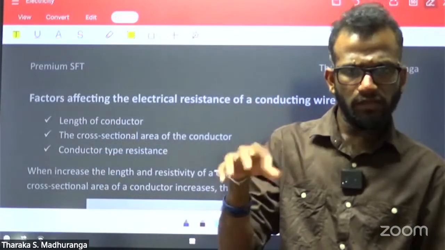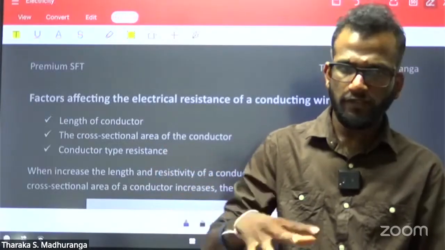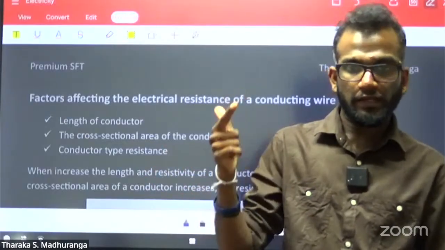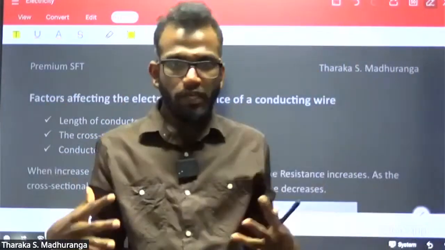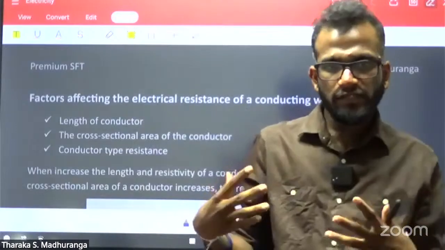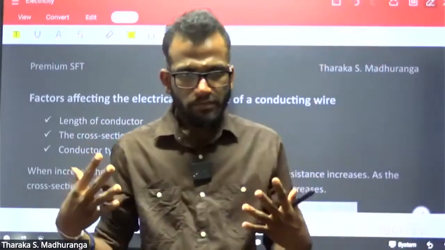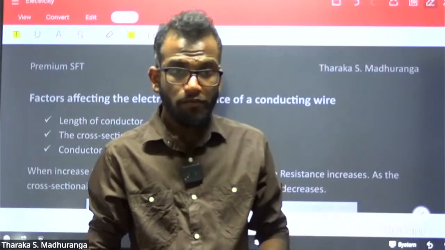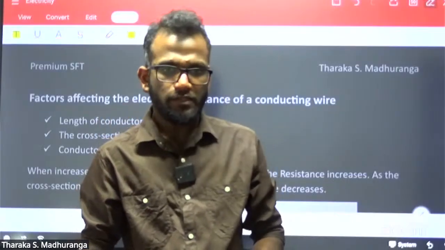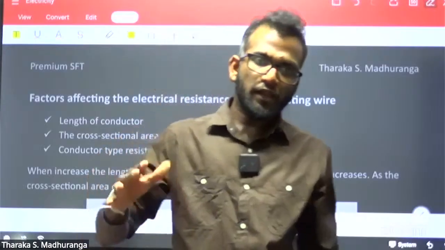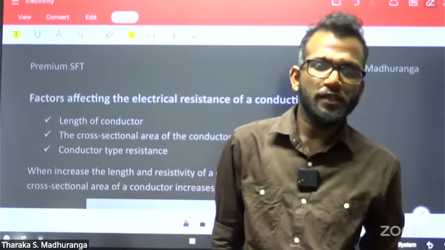Within this month every part of the electricity lesson will be completed. After today we have only 1.5 lessons: environment chemistry and the calculation part of the electricity lesson. Then 99.5 percent of the syllabus will be completed.